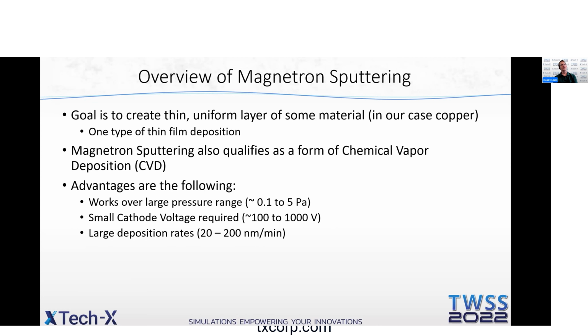And the advantages of magnetron sputtering over other techniques are we can work over a pretty large pressure range of neutral gases. In the literature, I've seen everything from 1/10 to 5 pascals. It's a fairly small cathode voltage that can be used, and you can get pretty large deposition rates. So these are just some of the advantages of using magnetron sputtering.